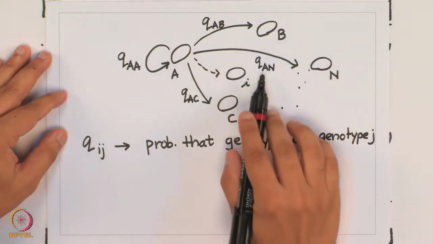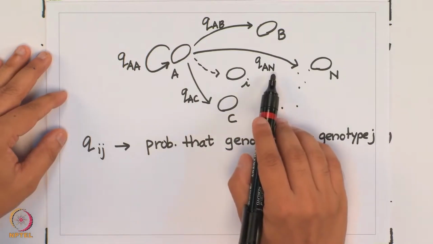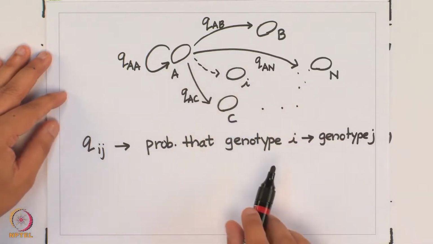That genotype A divides, and that gives me the resultant progeny of genotype N via mutation.